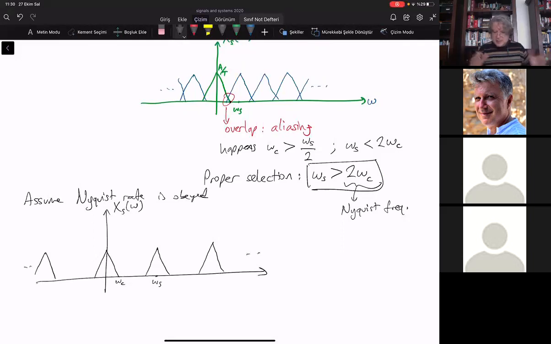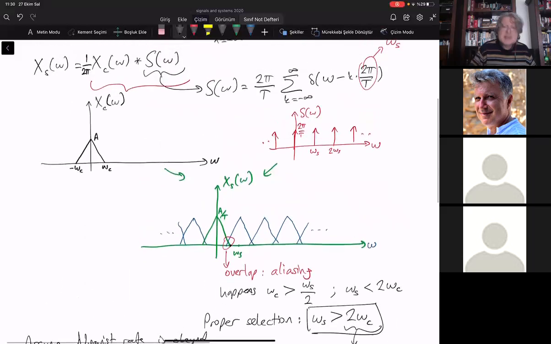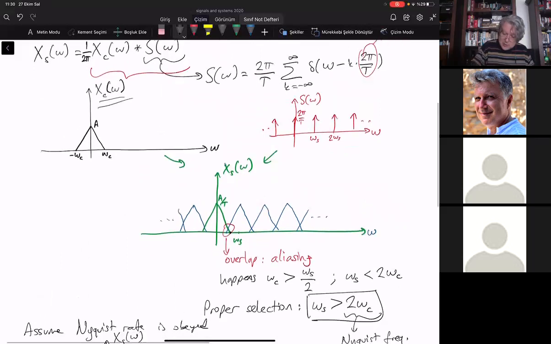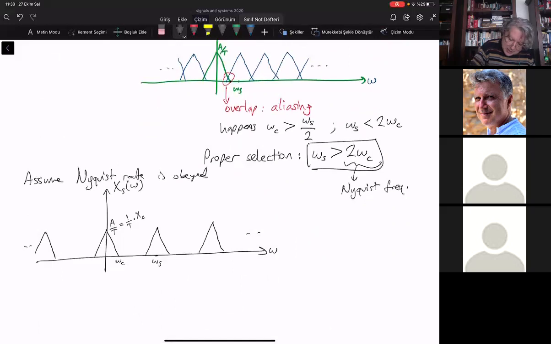It goes on to the left and to the right on the frequency axis. And the peak value is A over capital T. Or you can also say it like 1 over capital T times whatever the value of X sub c of omega was at omega equal to 0. So you can also write it like X c of 0. Okay? That's the peak value.